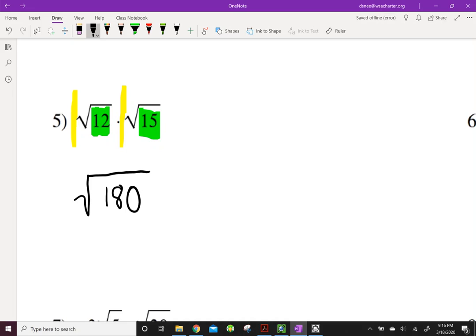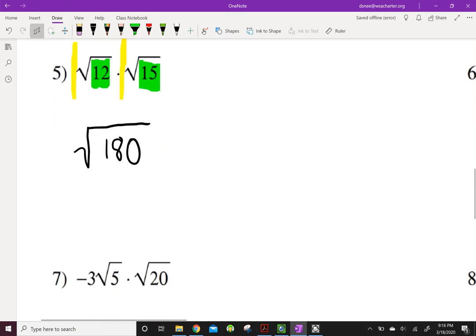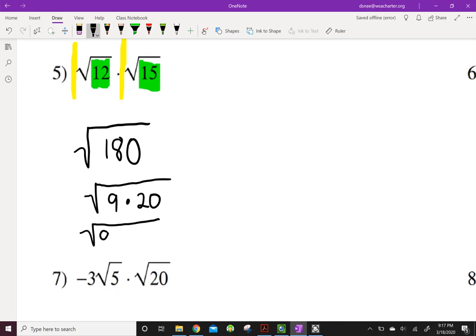Okay, I know that I can divide 180 by 9. I'm going to try that. 180 divided by 9 equals 20. Okay, so I know that I can take another perfect square out of there. So now I have the square root of 9 times 20, which is the same thing as the square root of 9 times 4 times 5, right?